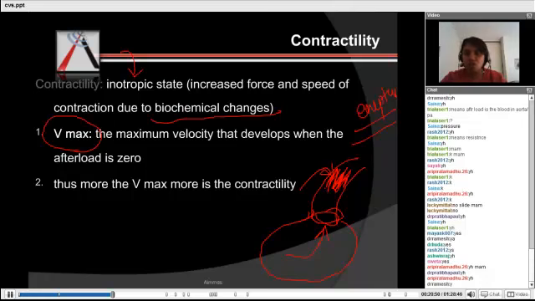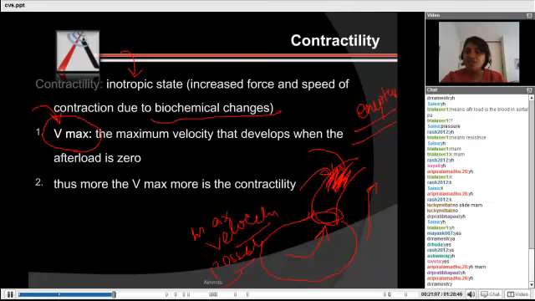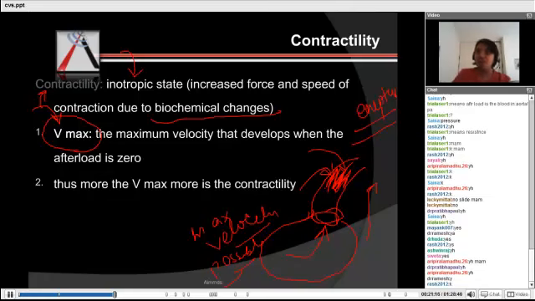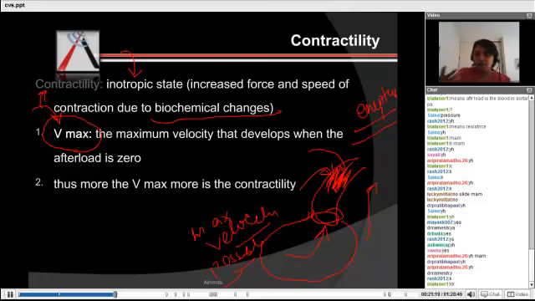Yeah. So, if we imagine that there is no afterload, the blood will be pumped out at the maximum velocity possible, isn't it? That is called Vmax. Now, Vmax actually tells you the property of the heart. It tells you the contractility of the heart, because it takes the afterload out of consideration and tells you the inherent ability of the heart.